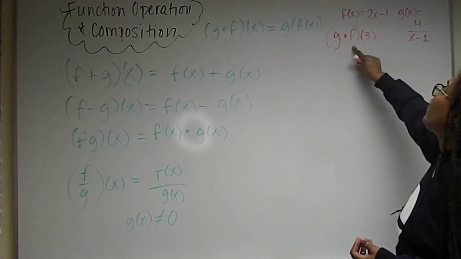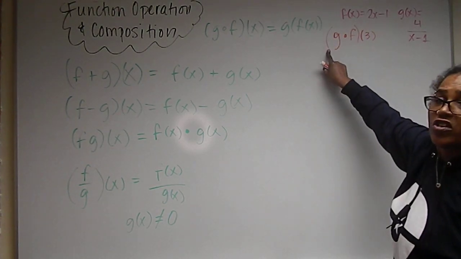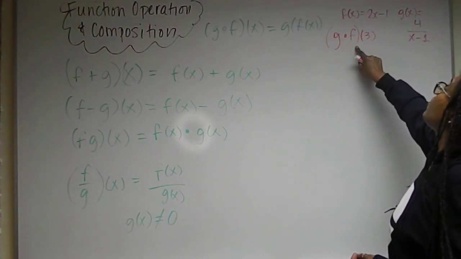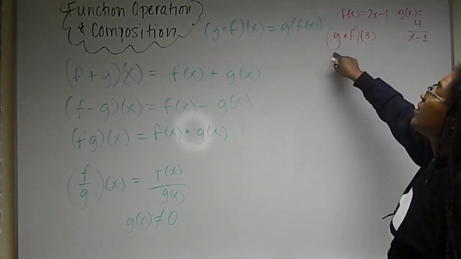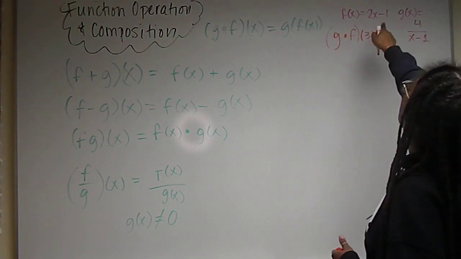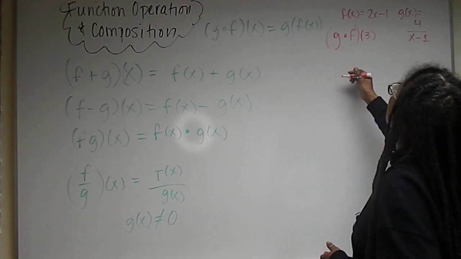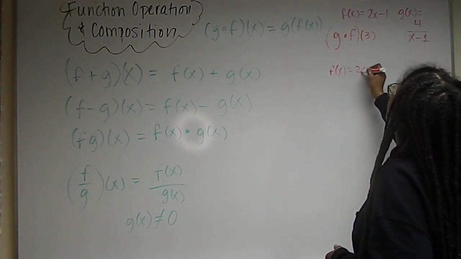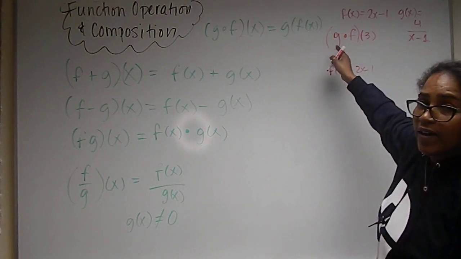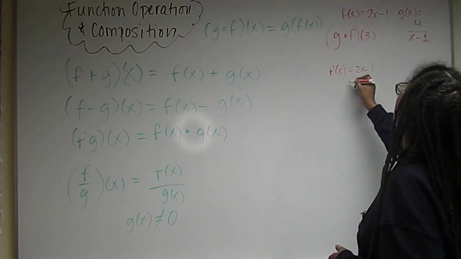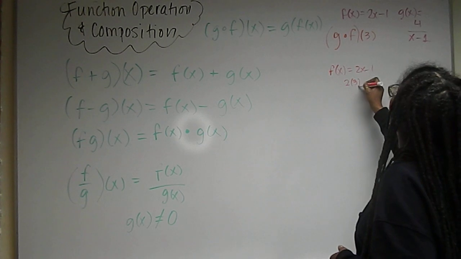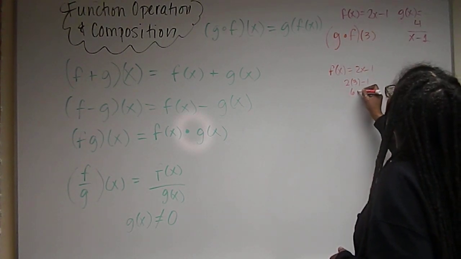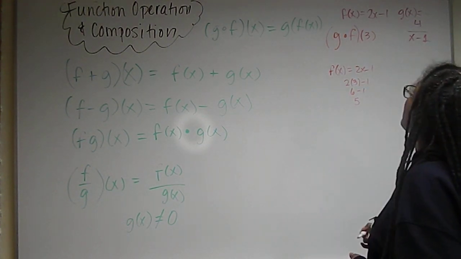We're going to take that value and put it in the g. We're going to take our f of x, which was equal to 2x minus 1, and say 2 times 3 minus 1, 6 minus 1, that's 5.